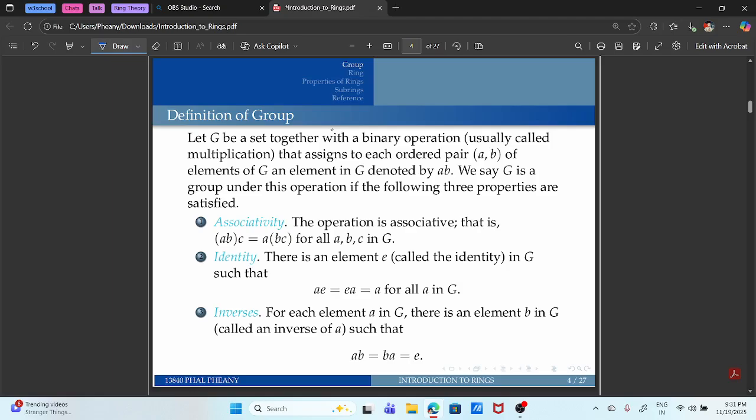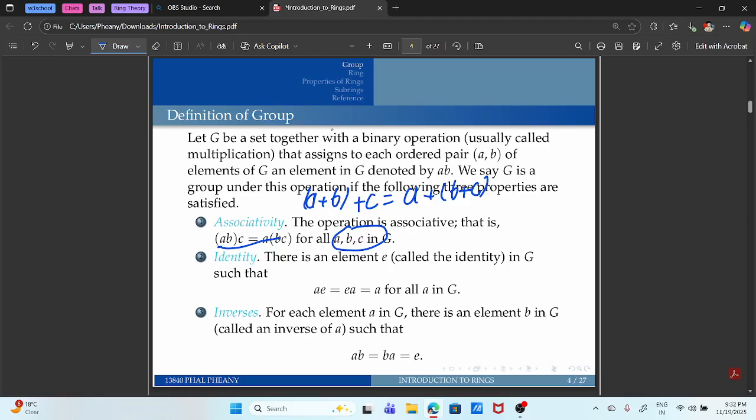Suppose we have a, b, c in the group G, the same, and (a plus b) plus c is equal to a plus (b plus c). This is called associativity under addition, and the other is associativity under multiplication, of the three elements a, b, c of the group G.